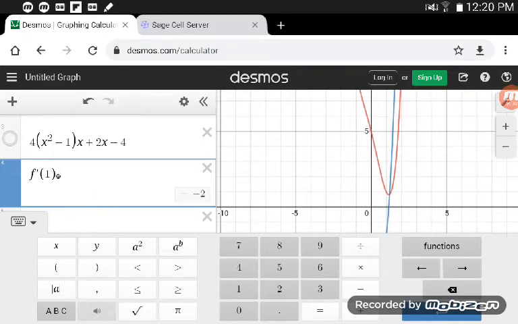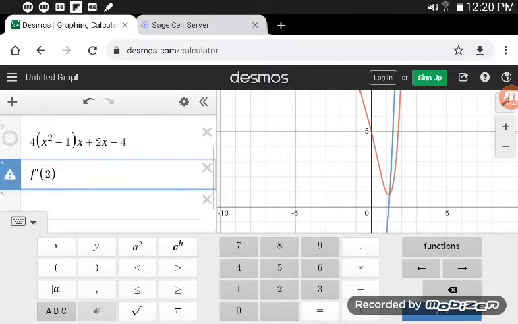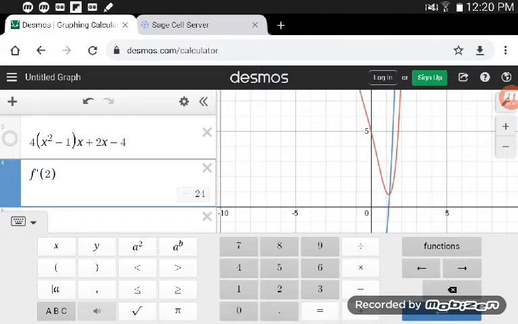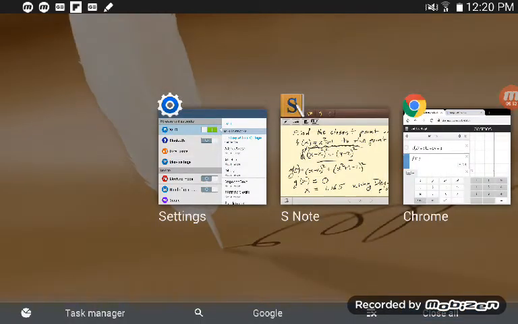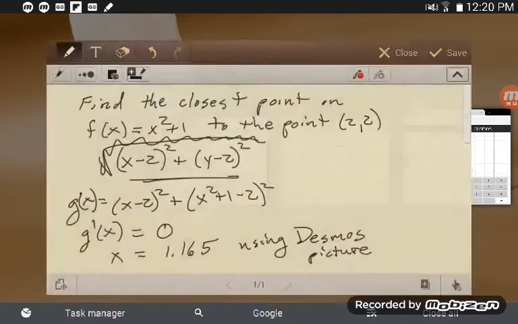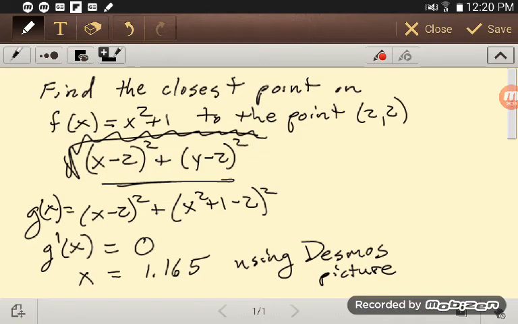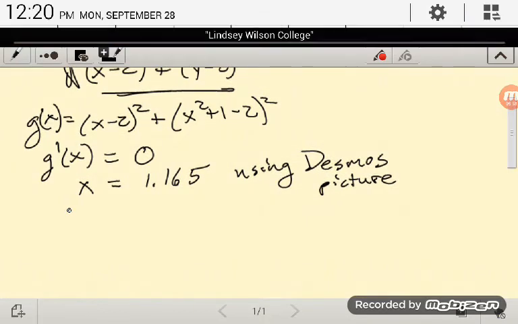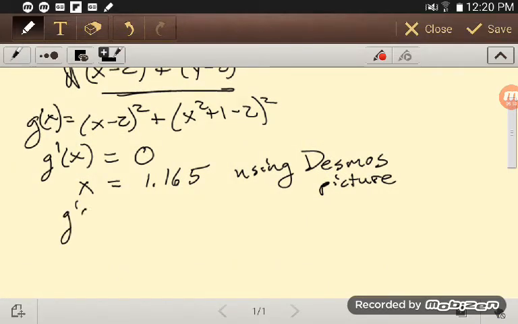I could also go in here and backspace and do 2 and tell you that's positive. So now I could come over here and toss that in, g prime, I had a g prime of 1 is equal to negative, what was it, negative 2, something like that.